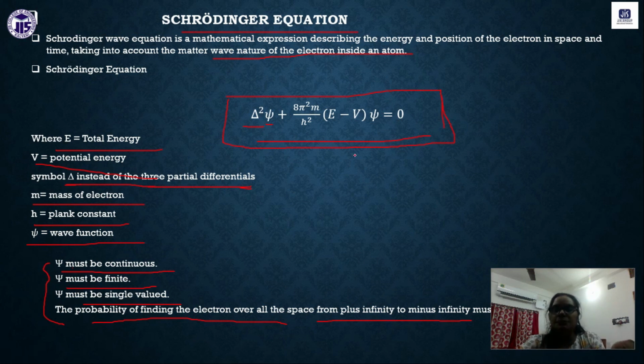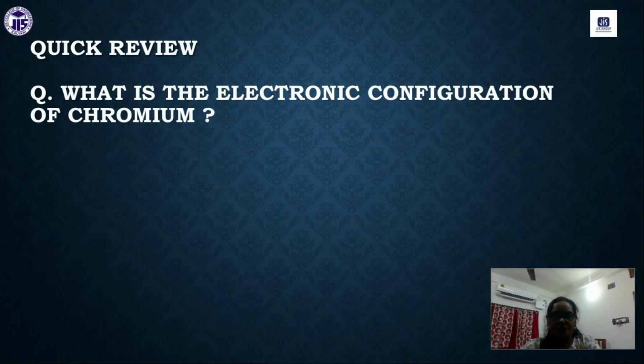If you have this type of question, you have to write down the equation and explain all the terms: what is m, what is h, what is psi, E, V, what do they mean? Okay, so this is the end of the chapter.